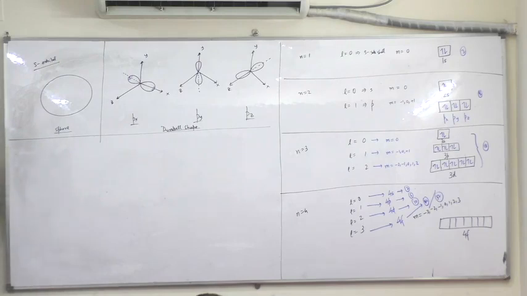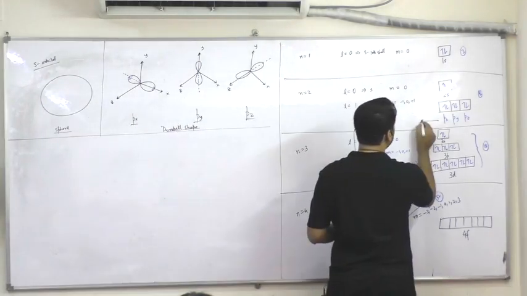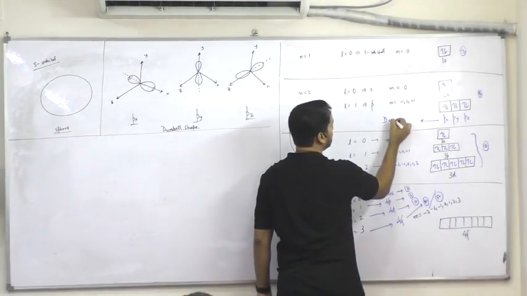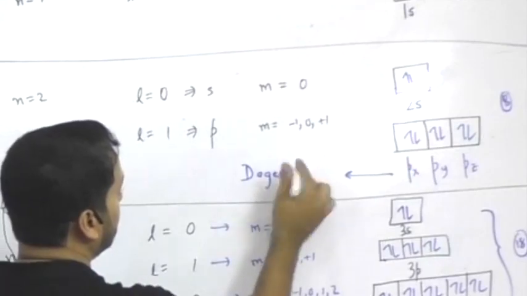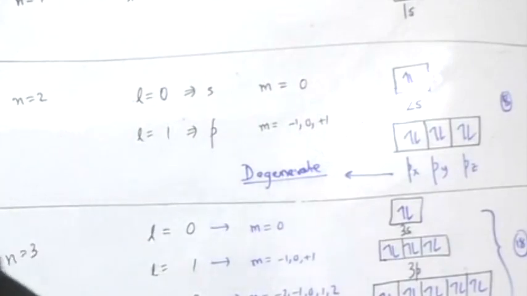So these are the 3 p orbitals. These 3 p orbitals, px, py and pz, are called degenerate orbitals, because they have the same energy.